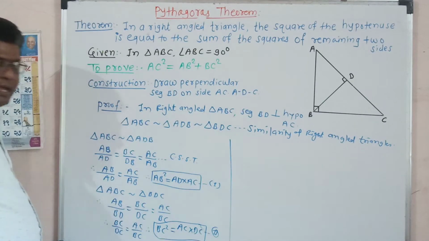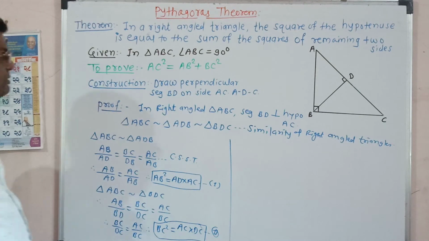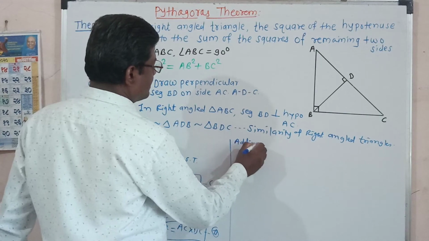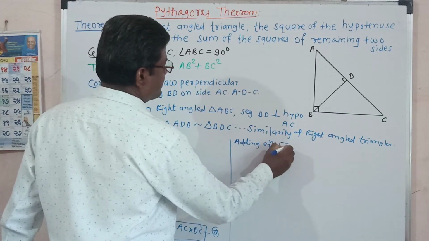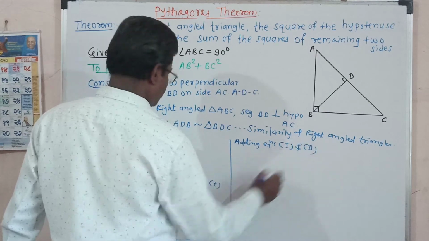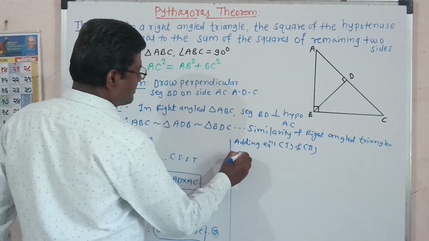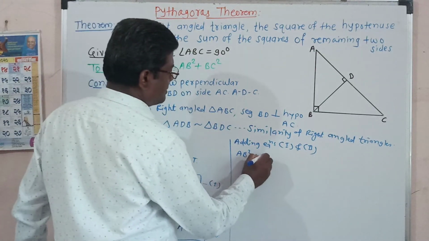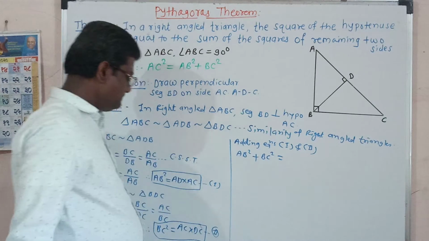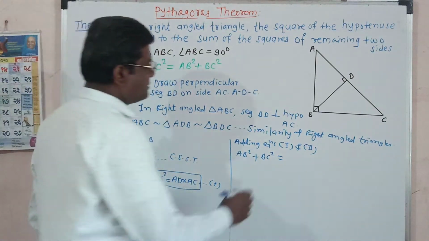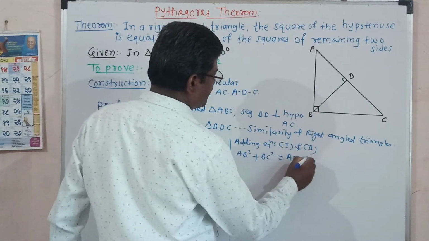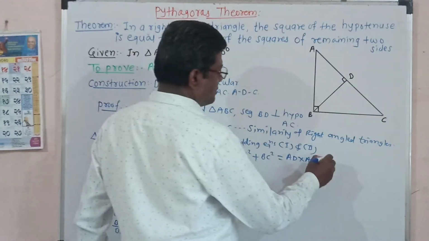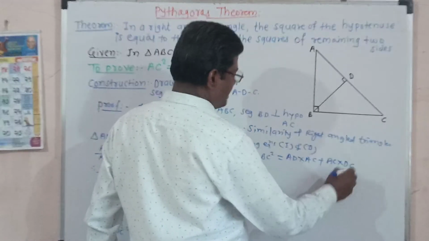Now add equations 1 and 2. So we write, adding equations 1 and 2, therefore AB square plus BC square is equal to AD into AC plus AC into DC.